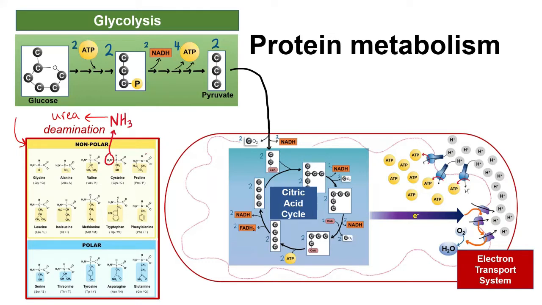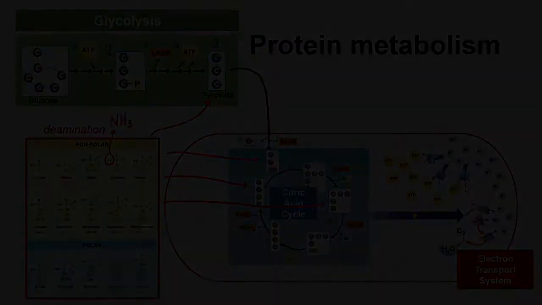The rest of it, all the carbon bits, we can feed into various places. So those can be fed into pyruvate at kind of the end of glycolysis, or at a lot of different points along the citric acid cycle. So depending on which amino acid you have, it can enter this cycle at various points, but they still are able to produce ATP.